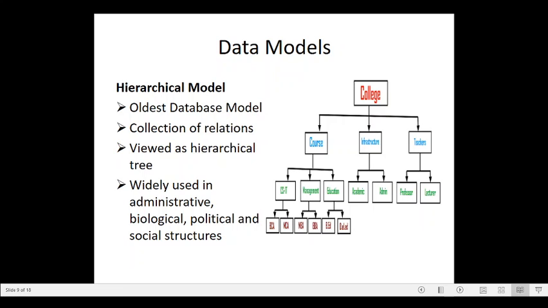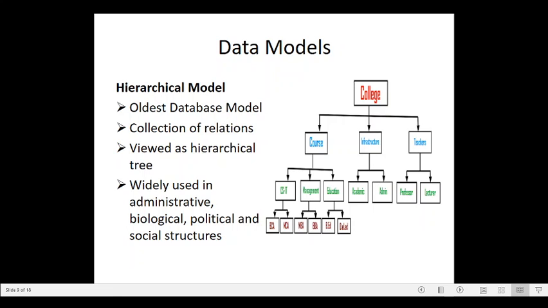And under course, there are different courses like BCA, MBA, BBA, BCom, etc. So it looks like a tree. Here the nodes are represented by parent and child.